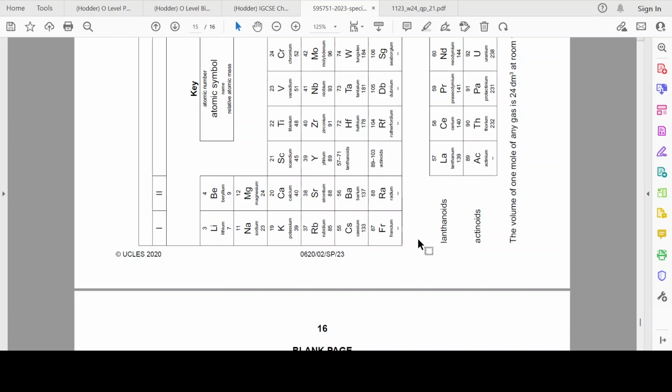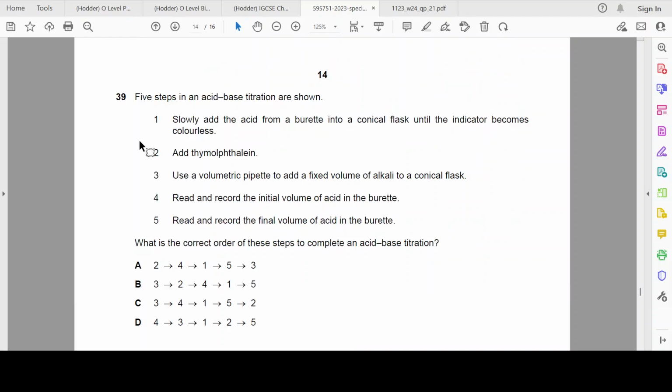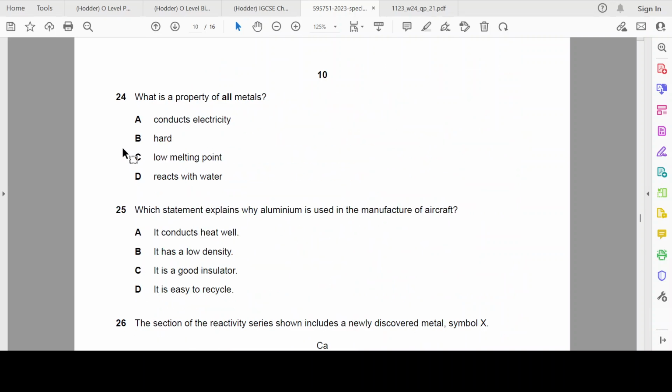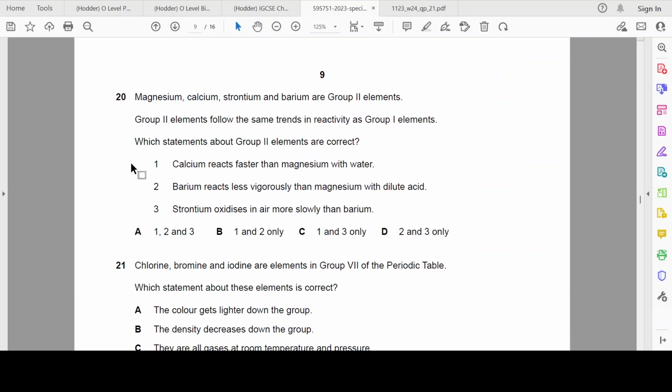It increases down the group. So, will calcium react faster than magnesium? Yes. So C is the answer. Okay.